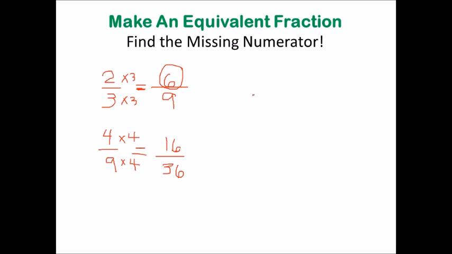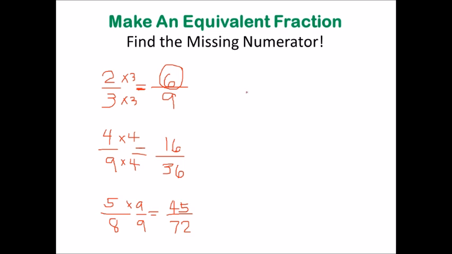Okay, another, what if you have 5 over 8, and this is equivalent to this fraction? You can have 72 divided by 8, which is 9. So therefore you can multiply this by 9 over 9, which is equal to 45. So therefore the answer is 45 over 72.